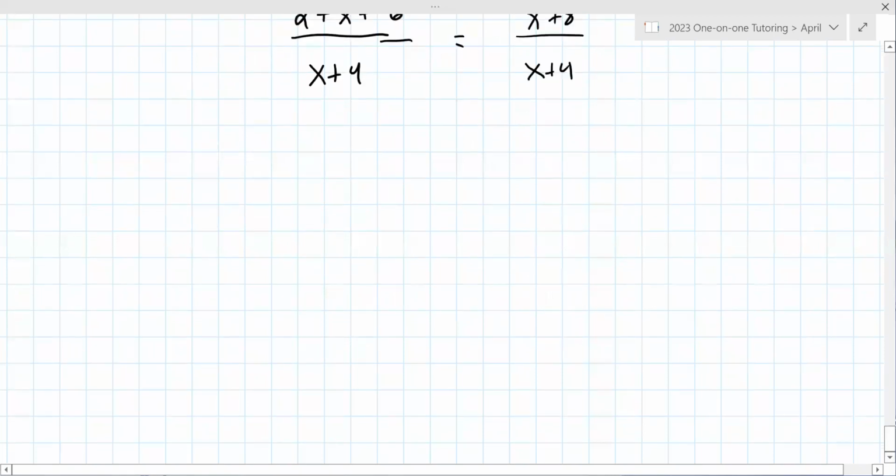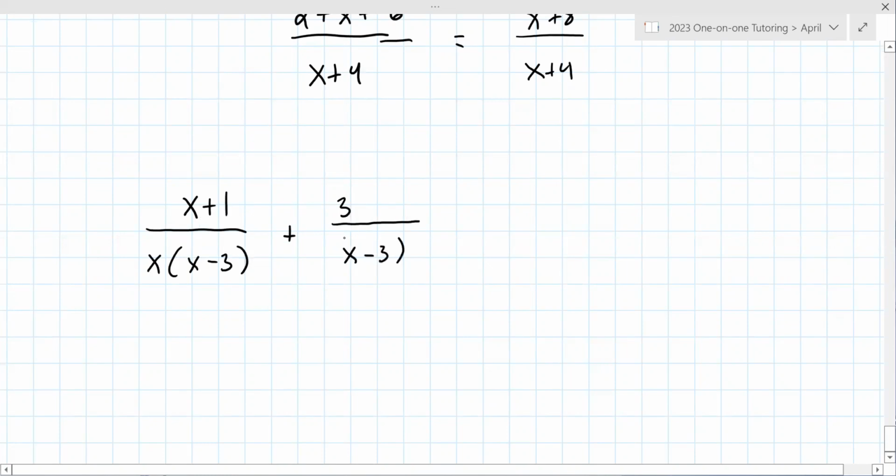Okay, let's look at another problem here together. Let's say it's x plus 1 over x times x minus 3, plus 3 over x minus 3. So I've already done the factoring.